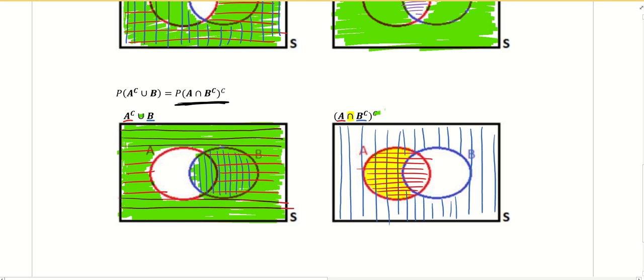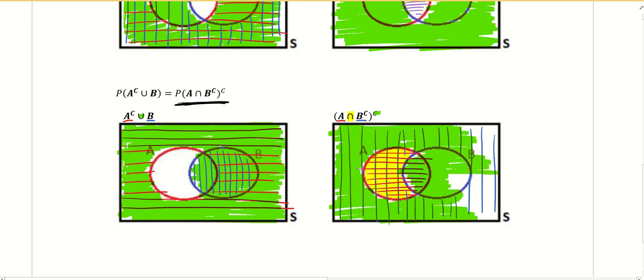And now if we think about the complement to that, the complement is going to be everything that's not shaded yellow, right? The complement of this intersection is everything not in the intersection. And so again, what we're going to see is this area that I'm shading in green here on the right side, the right diagram, is going to be the same area as what we shaded in the left diagram.